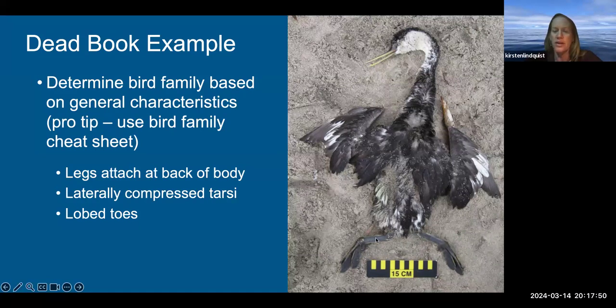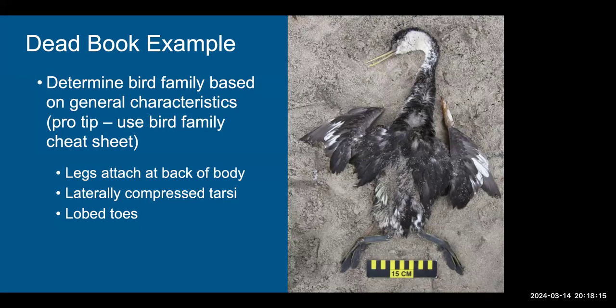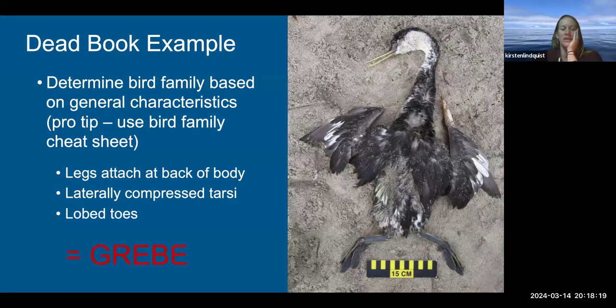And if I was there in person, I'd really be able to tell the tarsus here is just paper thin. It is laterally compressed. And we have big lobed toes. Does anybody remember what bird family this would be? We're not even getting the species, but just what bird family? You can use the chat. Grebe. Woohoo! Love it. Yes, so we have a grebe.